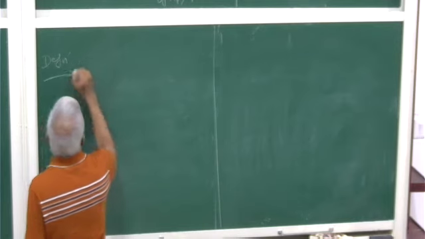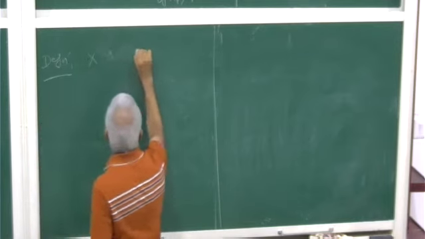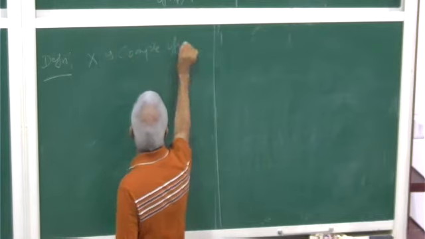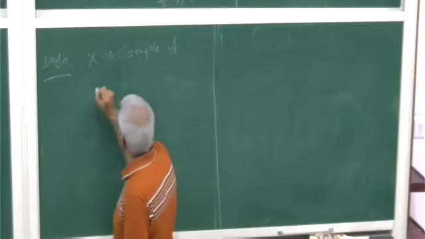Okay. Definition. A metric space X is separable if it admits a countable dense subset.